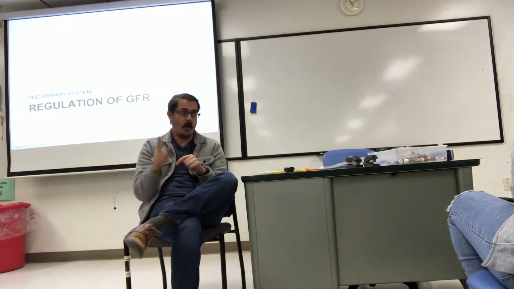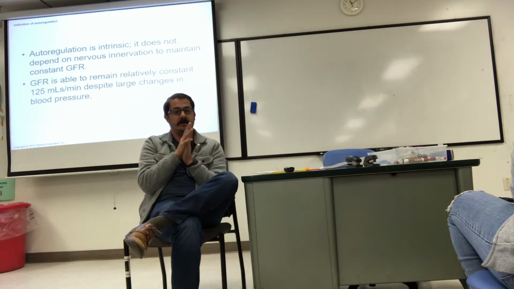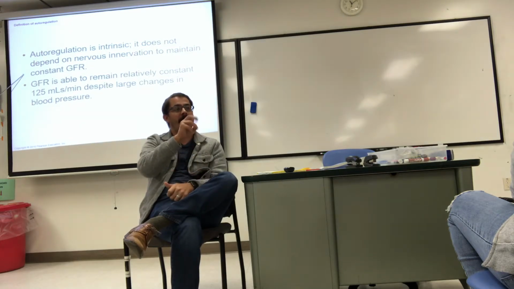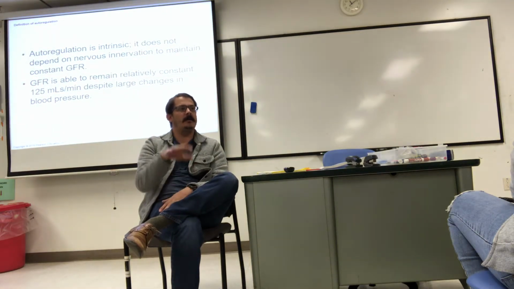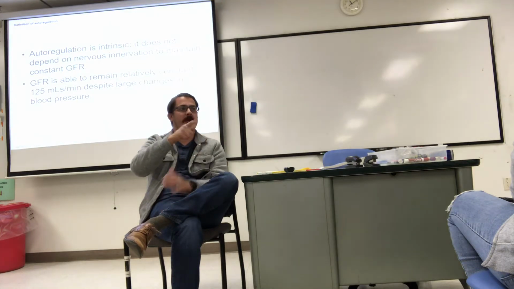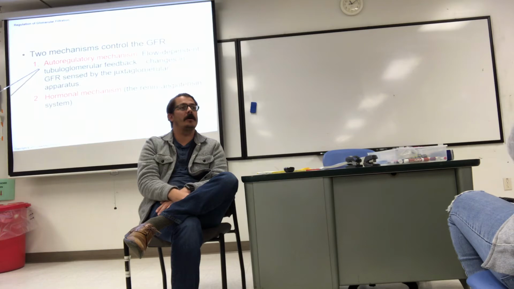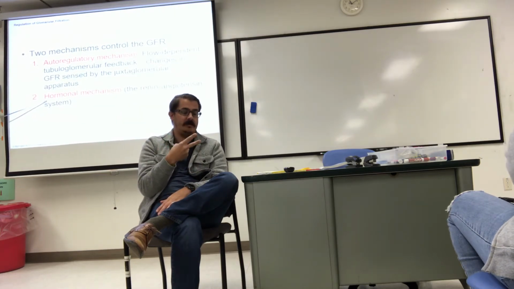That regulation, one mechanism we teach is that it's autoregulating. Each nephron can self-regulate its own GFR, as we'll see, to keep a relatively stable 125 mils per minute. But there's another mechanism in addition to the autoregulatory one that's hormonal, and that's the RAS mechanism, which we've learned before.